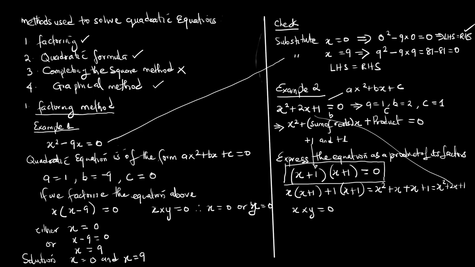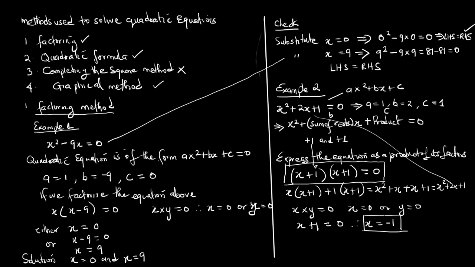Based on that principle, it's either x is equal to 0 or y is equal to 0. If we do the same thing here, it's either x plus 1 is equal to 0 or x plus 1 is equal to 0, which is the same thing. Therefore, my x should be equal to minus 1. That's the solution to this problem.